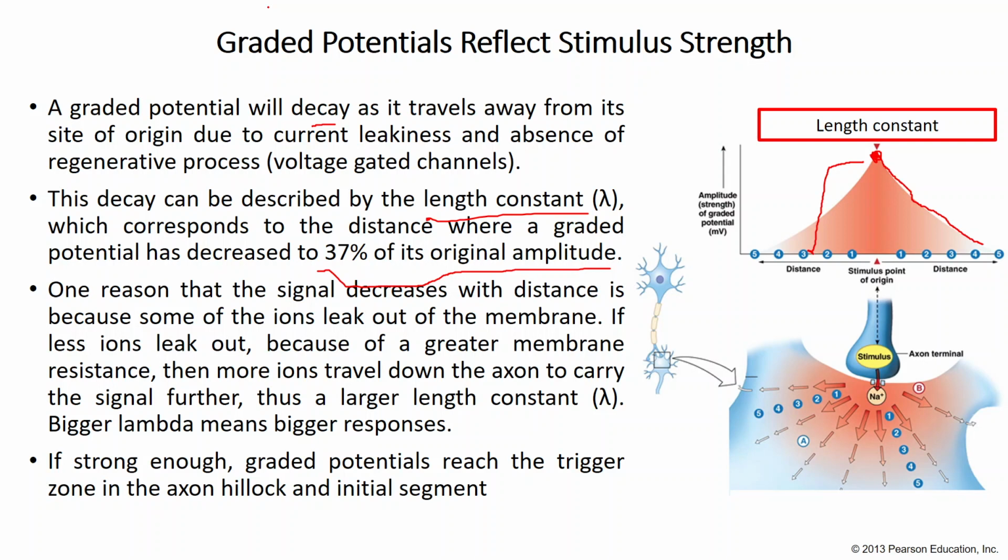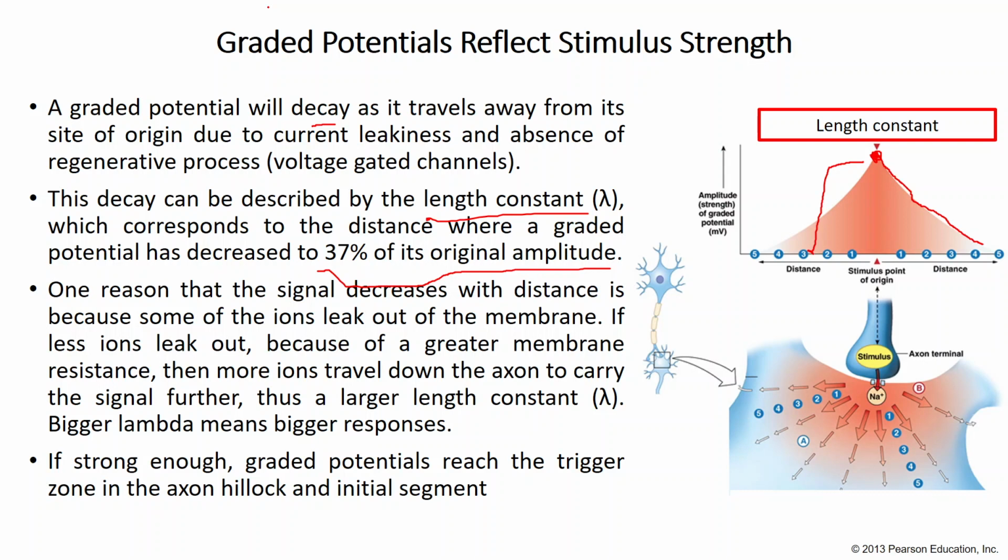For example, in neurons where there is high resistance against leakiness of the ions, because of the size of the cell body, whether it's small or large, they would have a higher resistance against the leakiness of the ions.